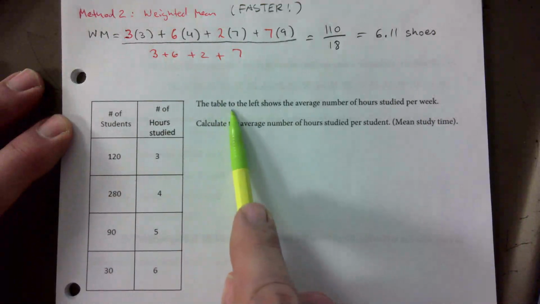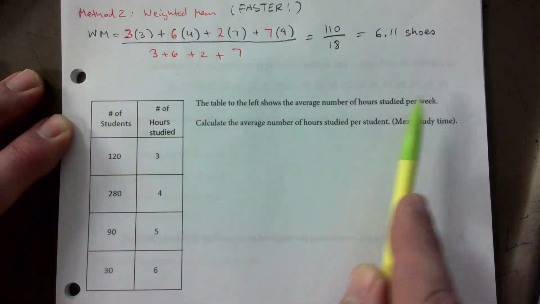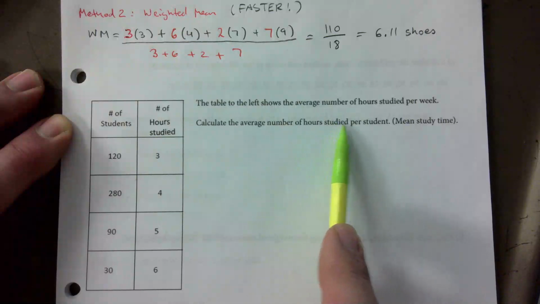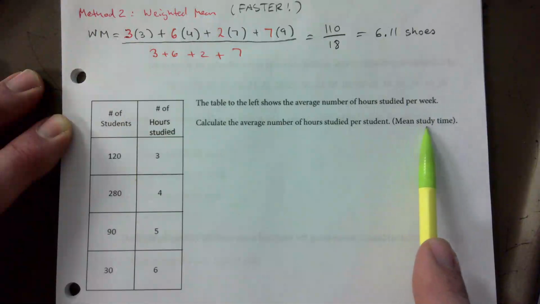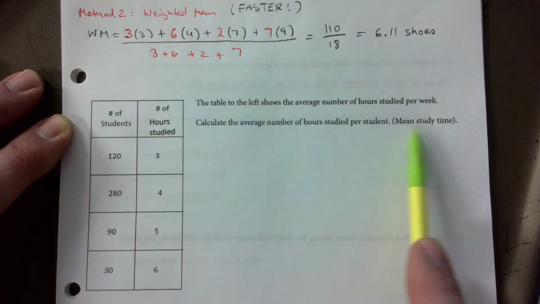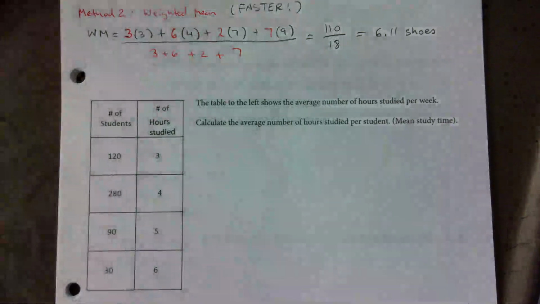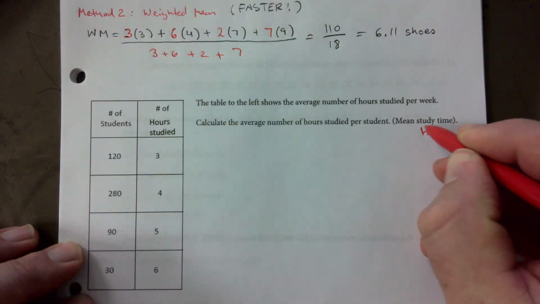Okay, so here we go. The table to the left shows the average number of hours studied per week. Calculate the average number of hours studied per student. In other words, we want the mean study time. And I think it's fair to say that that would be measured in hours, correct?